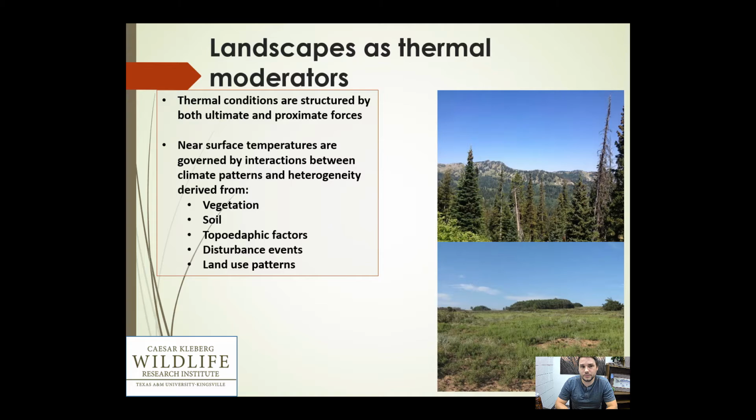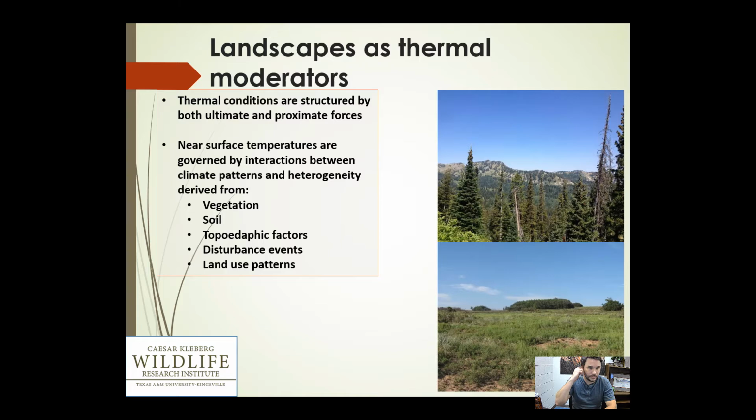So when we think about thermal conditions in landscapes, they're structured by both ultimate and proximate forces. Ultimate forces would be something like your geographic location, your latitude and longitude on Earth, as well as the prevailing climatic patterns. Whereas proximate forces are more local.